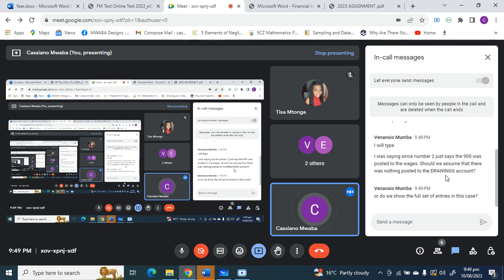The cash entry was correctly posted. This is a single entry error. So the cash entry, that credit was correct. But instead of posting the 900 to the drawings, it was posted to wages. So nothing was posted to drawings. And do we show the full set of entries in this case? Yes, you have to show the set of entries because the balances on the trial balance are changing. So you have to show these entries, to show how you're making these balances change. Hope I've answered your question.